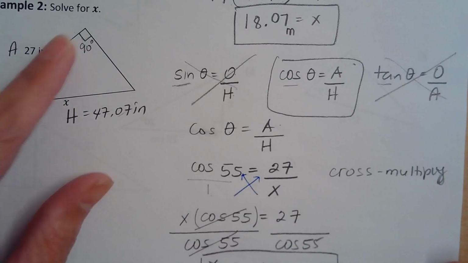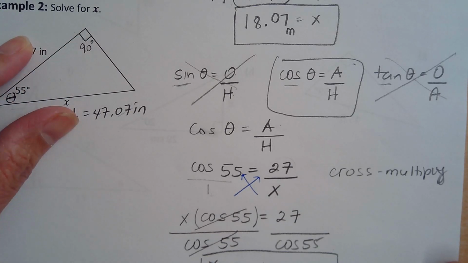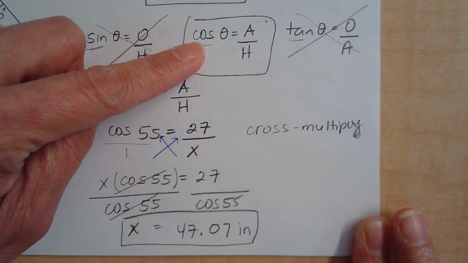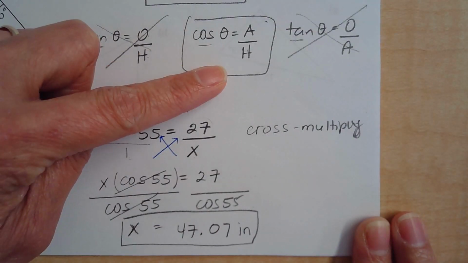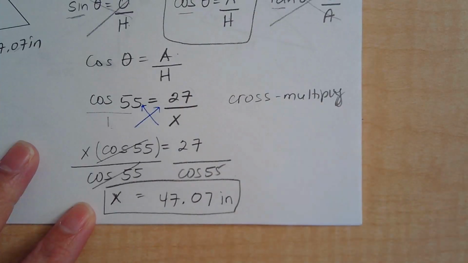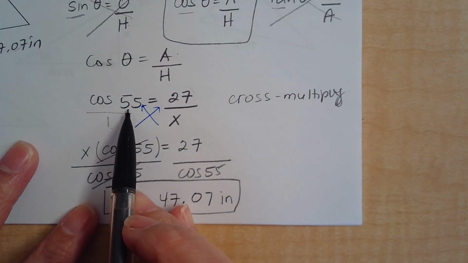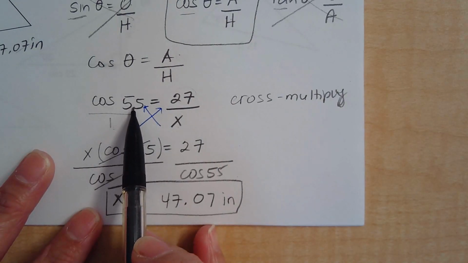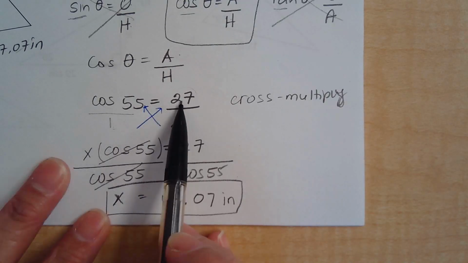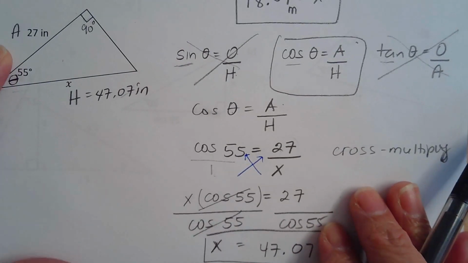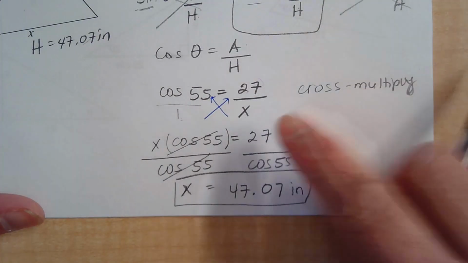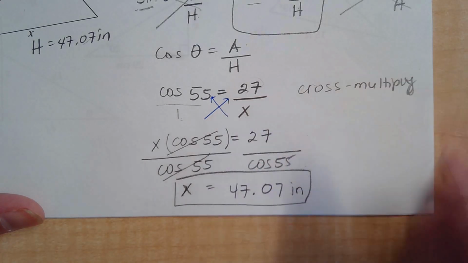So after we've labeled the theta, 90 degrees, and then the two sides, so that's okay, right? And then we're going to pick the cosine because it has the adjacent and hypotenuse. You're okay with that one? Okay. The next thing is we substituted. We put the values into the equation. So theta is 55 equals adjacent is 27, so we're going to put 27 there, divided by hypotenuse, which is x.